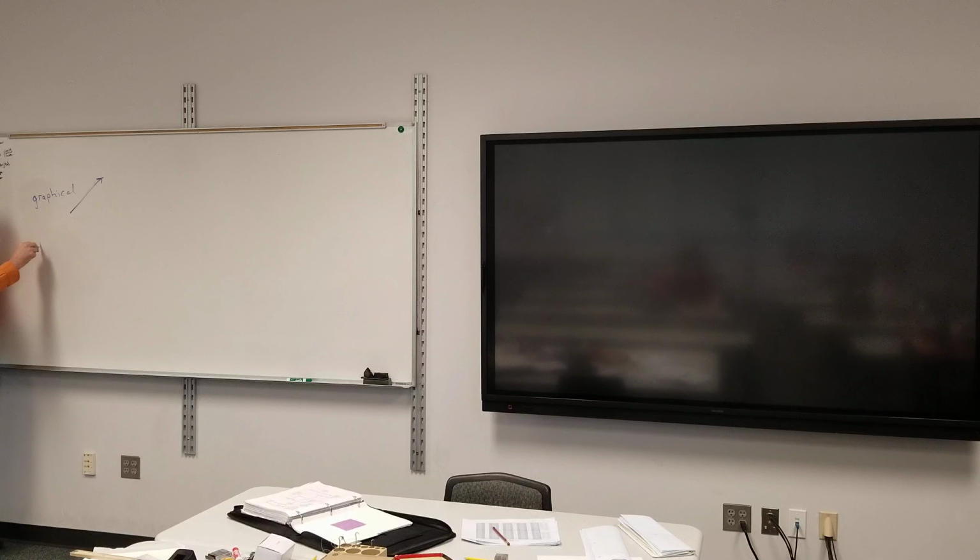Graphical is an adjective. So it's a graphical vector representation. There is rectangular notation. Actually, let's do polar next.